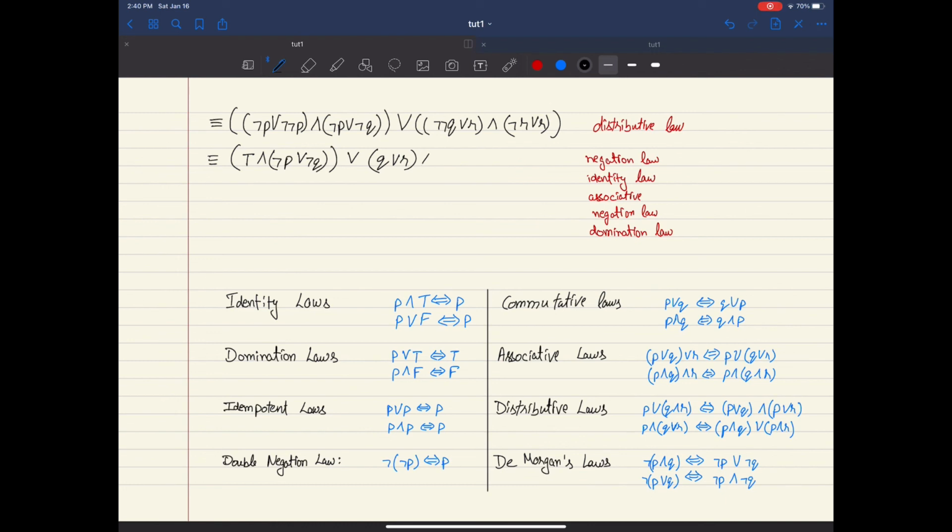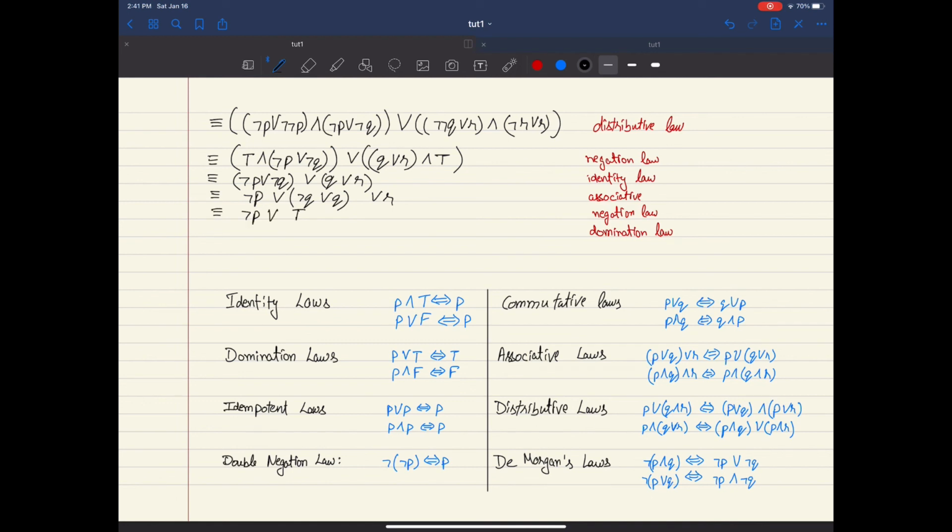It can be written as T. And now using the identity law, which states P and T is the same thing as P, it reduces to not P or not Q, or Q or R. And then we use the associative law to rearrange it again.